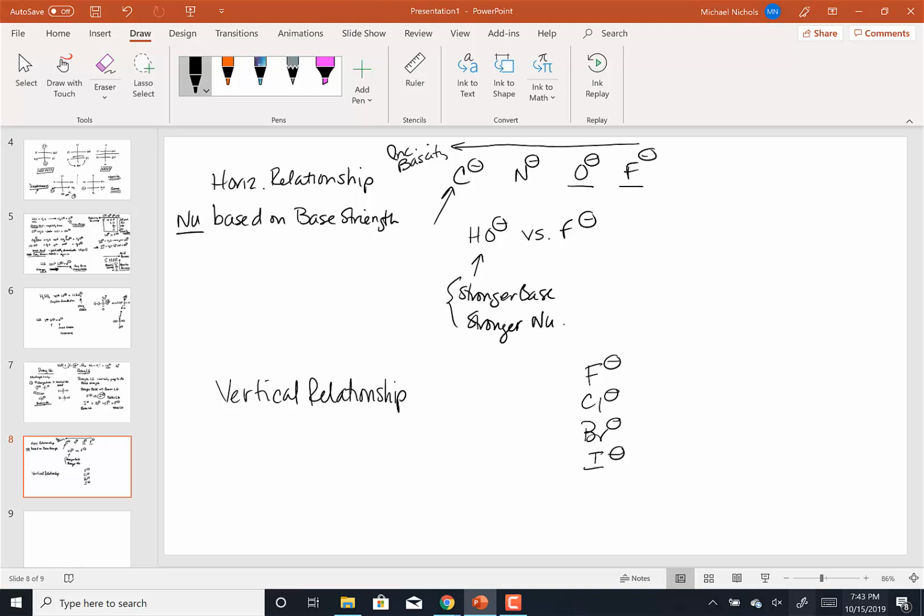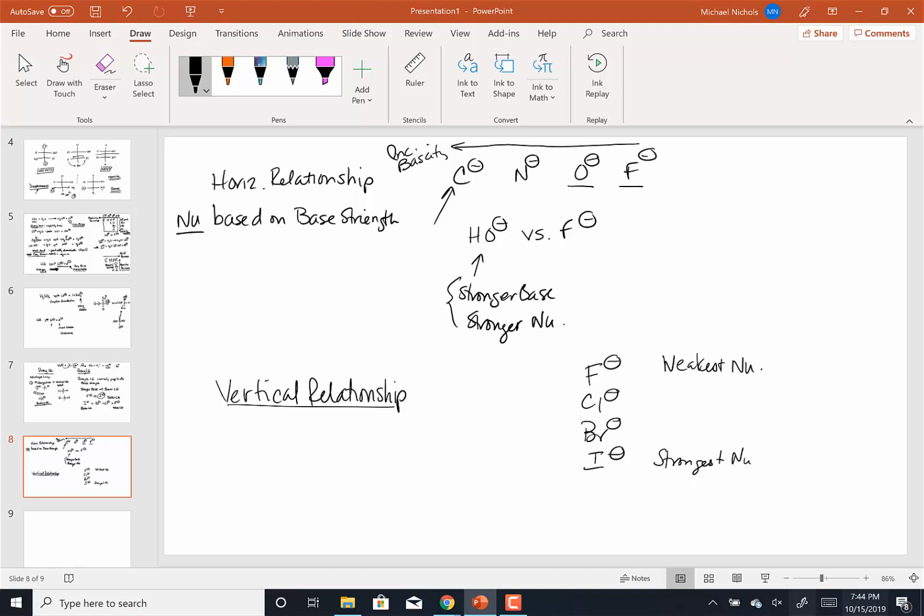When you do an experiment and you try and figure out who is the strongest nucleophile, what you find is that I minus is the strongest nucleophile, and F minus is the weakest nucleophile. And you can say there, okay, in a vertical relationship, it's going to be inversely related to base strength. Right? Because the strongest base is F minus, but yet it's the weakest nucleophile.